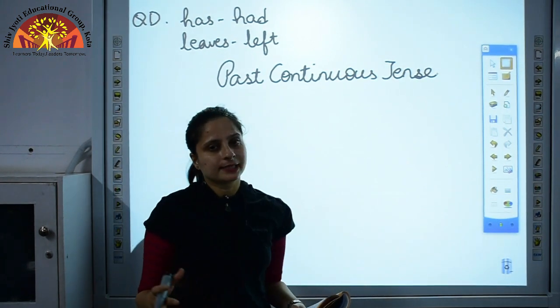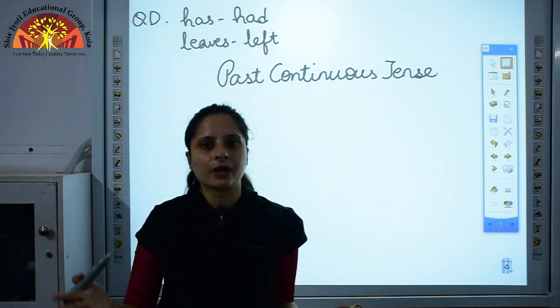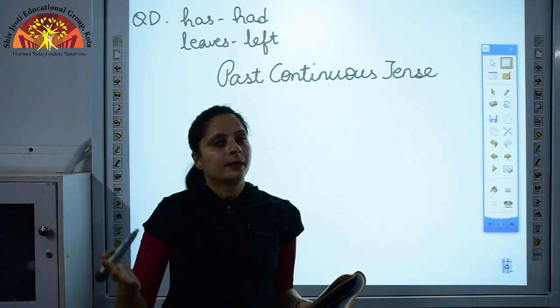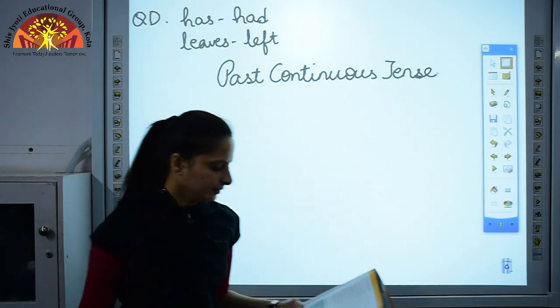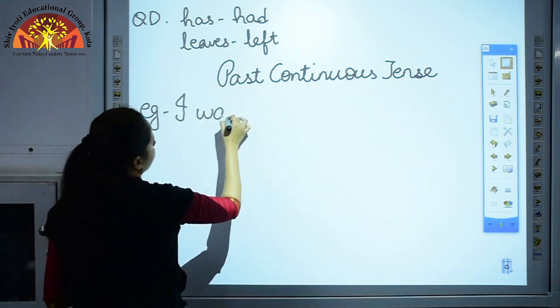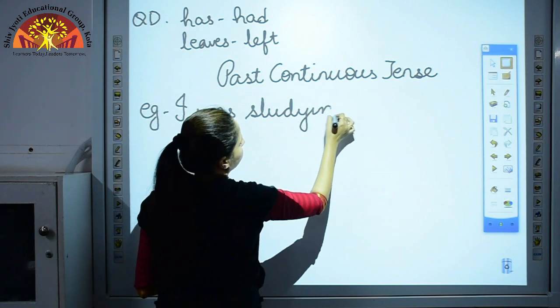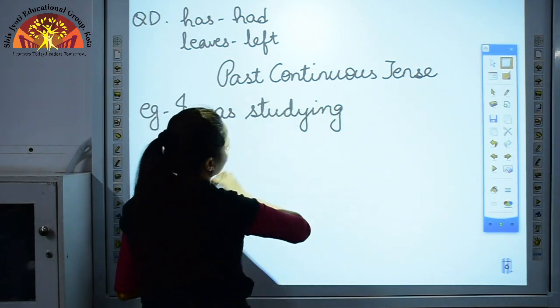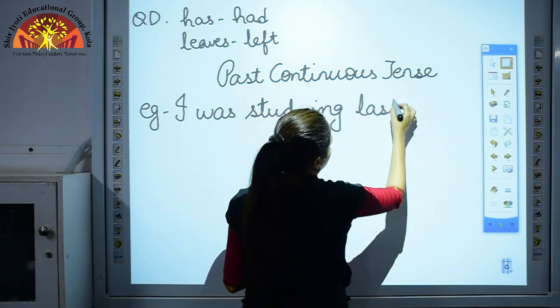Past continuous tense talks about the action that was going on at some point of time in the past. For example, I was studying last night.